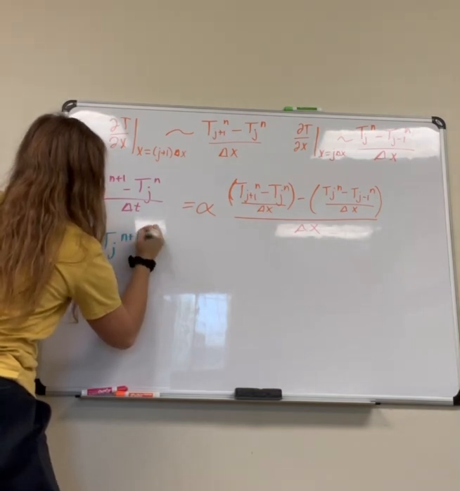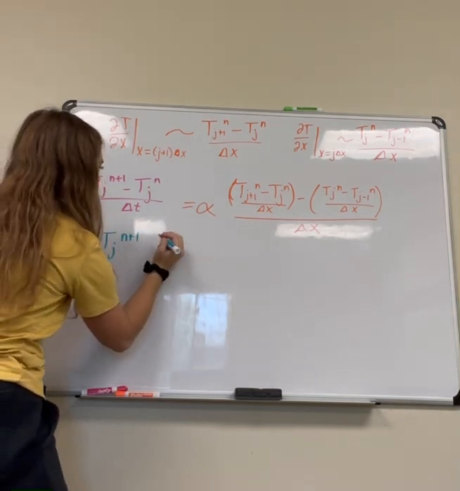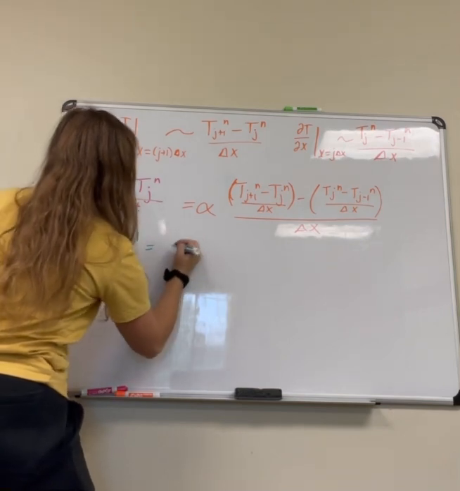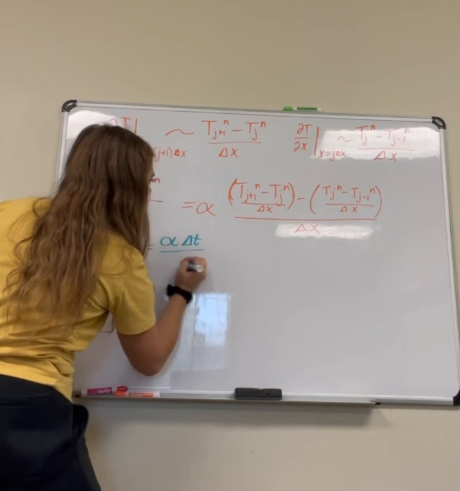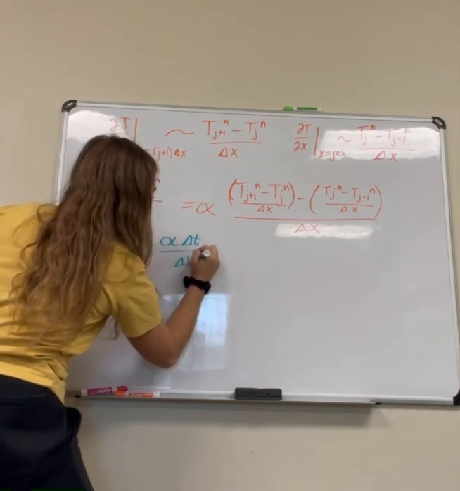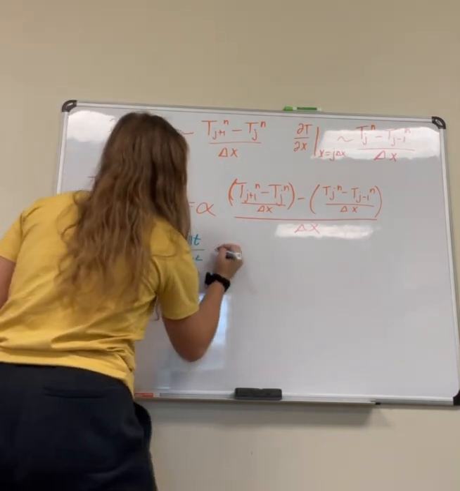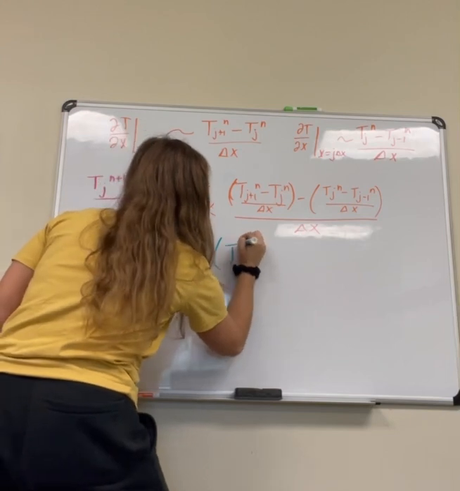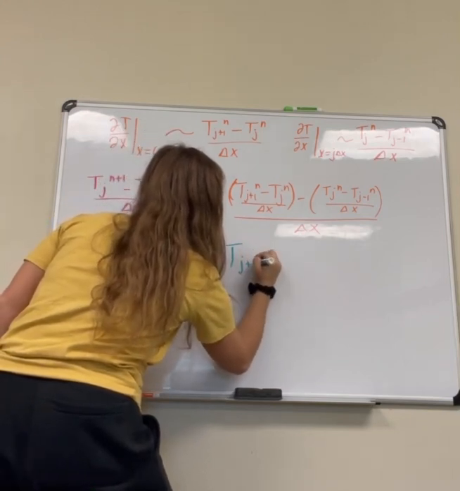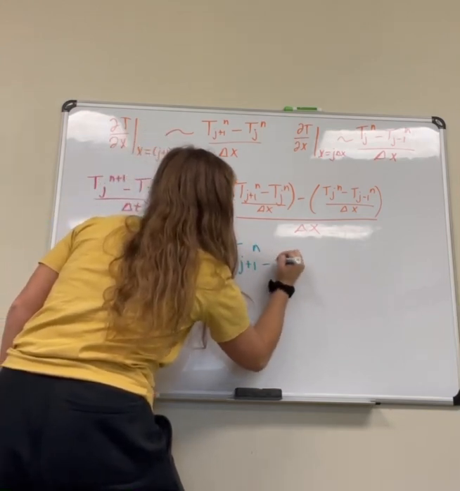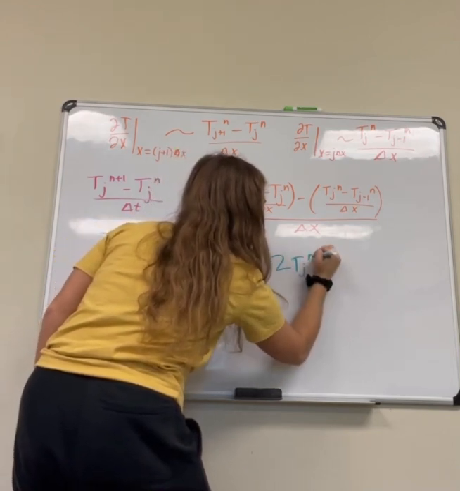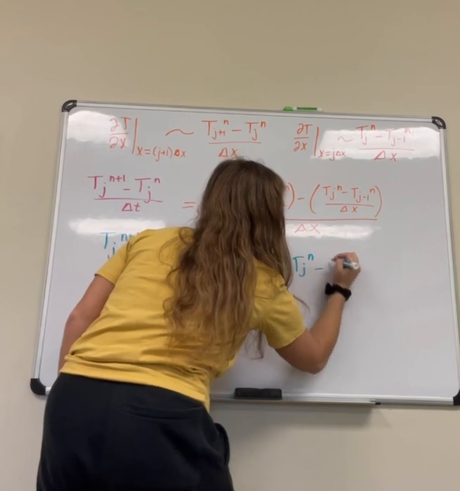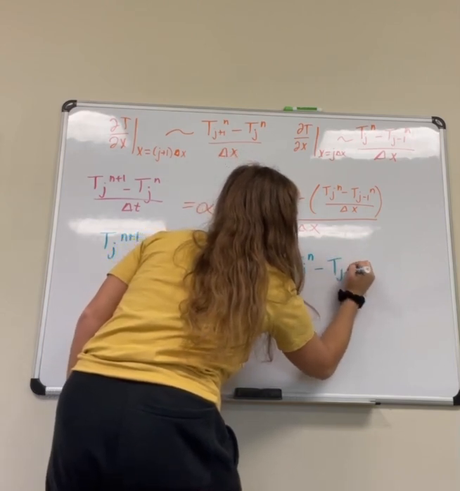temperature at position j at time n plus 1 is equal to heat diffusivity, change in time, change in position squared, multiplied by temperature at position j minus 1 at time n, minus 2 times temperature at position j, time n, plus temperature at position j plus 1.